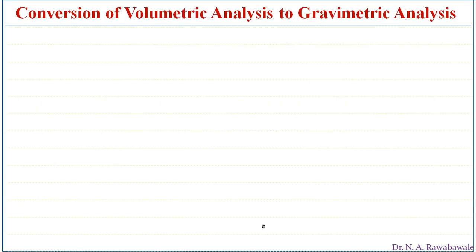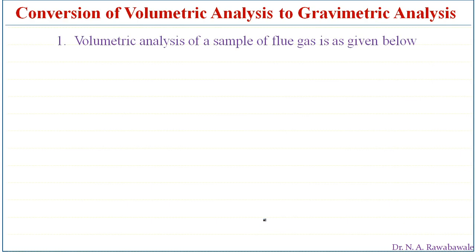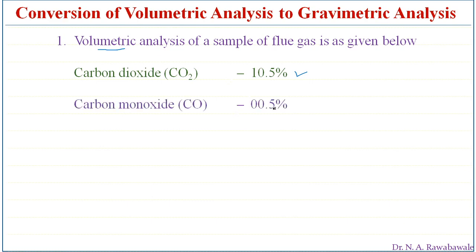Now coming to the conversion of volumetric analysis to gravimetric analysis. Suppose we know the volumetric analysis of a sample of flue gases as given below. The flue gas contains 10.5% of carbon dioxide by volume, and carbon monoxide 0.5%.